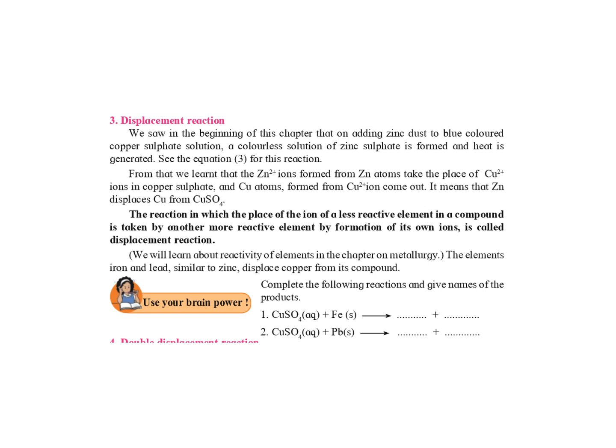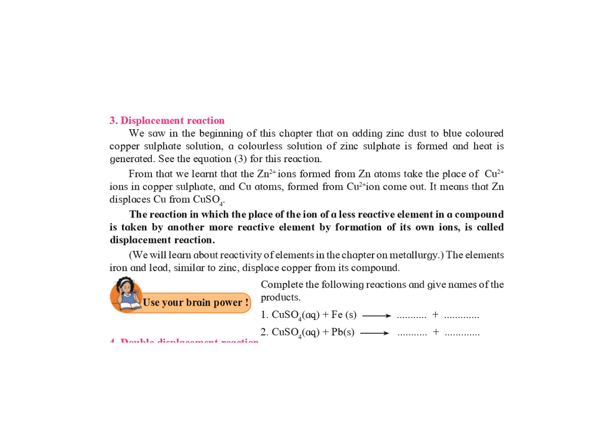The displacement reaction is defined as the reaction in which the place of the ion of a less reactive element in a compound is taken by another more reactive element by the formation of its own ion. If you see the equations given, you can complete the equation.